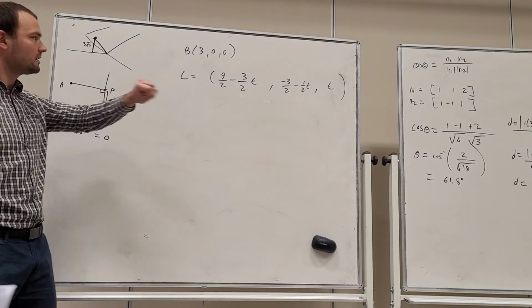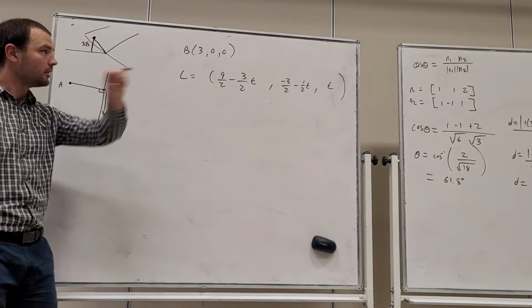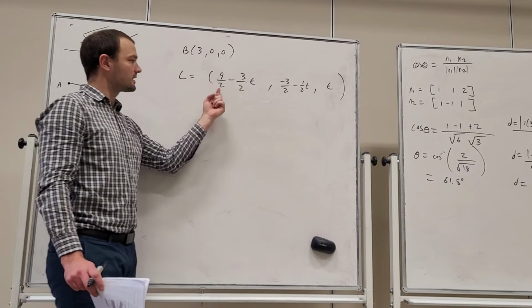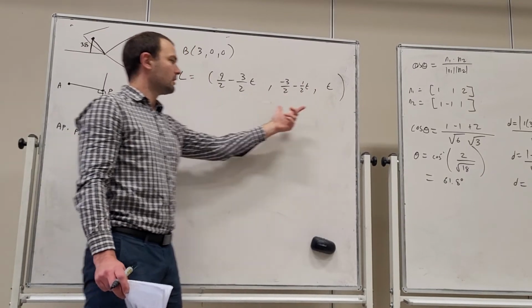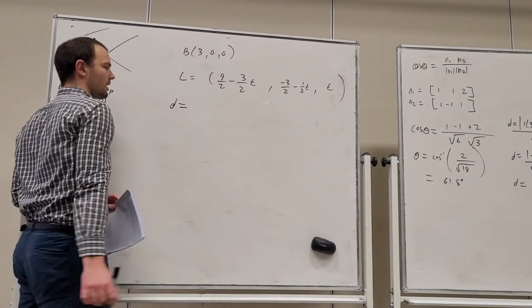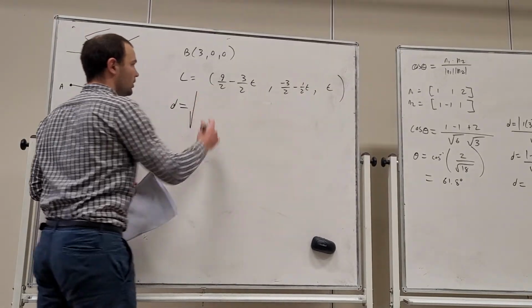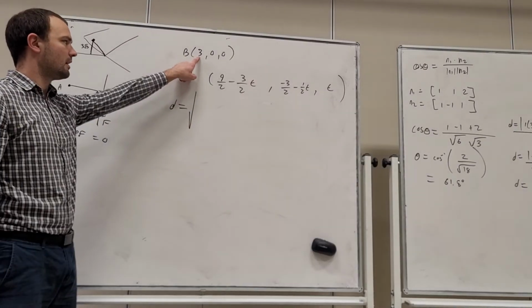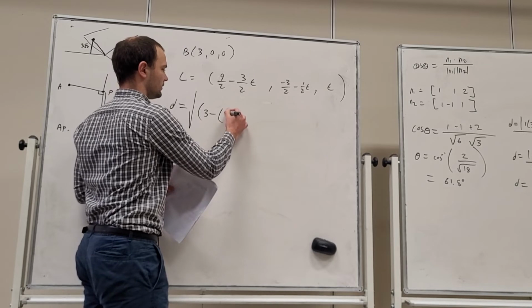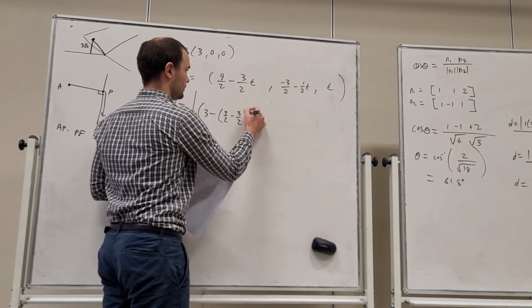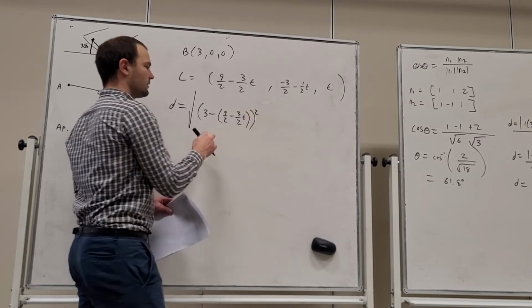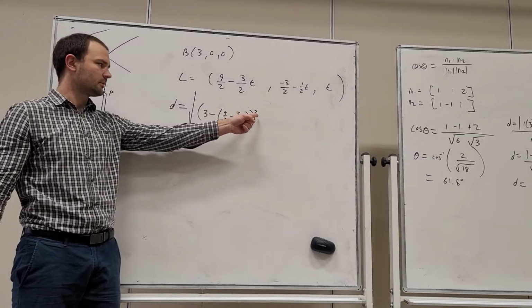Now we're saying what's the shortest distance, when it's minimized, from this point to this line? Remember, this represents a coordinate for any value of t. So we can come up with an expression involving the distance. The distance is the square root of the x value squared, so we're going to have 3 take away the x expression, squared. We have to perform the subtraction and then square it.